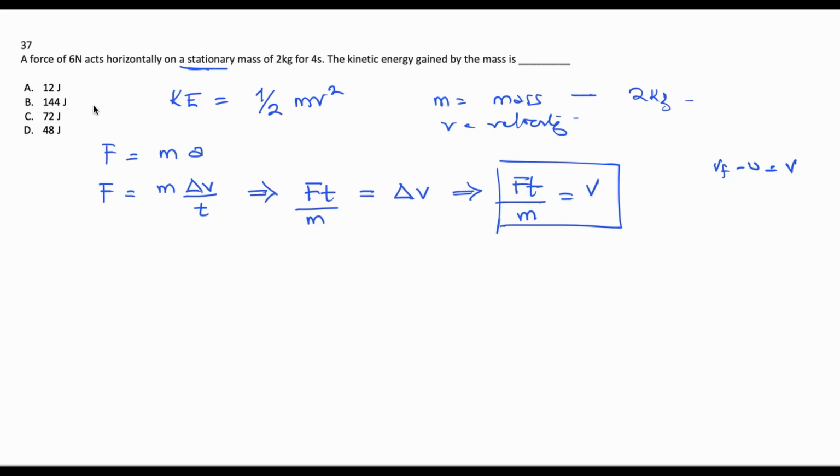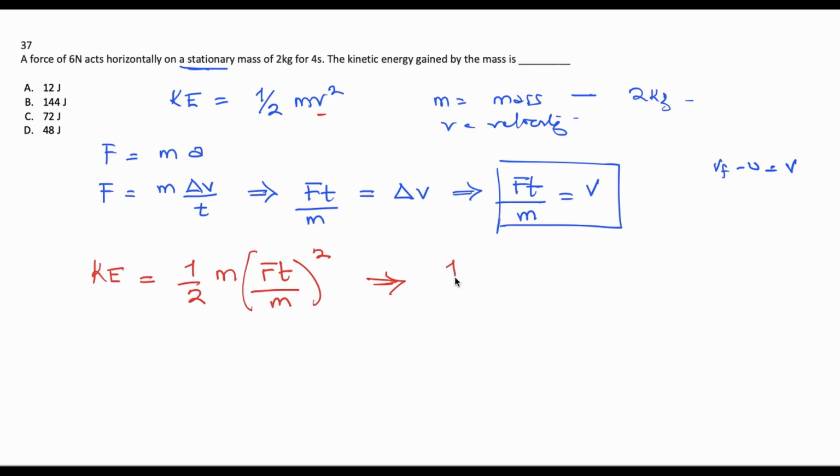Now we know the force that acts is 6 newtons. We know the time, which is 4 seconds, and we know the mass of the body, which is 2 kilograms. So we can put this into our equation for the kinetic energy here and solve. So our kinetic energy then becomes half of the mass multiplied by the v, which is now Ft divided by m, squared.